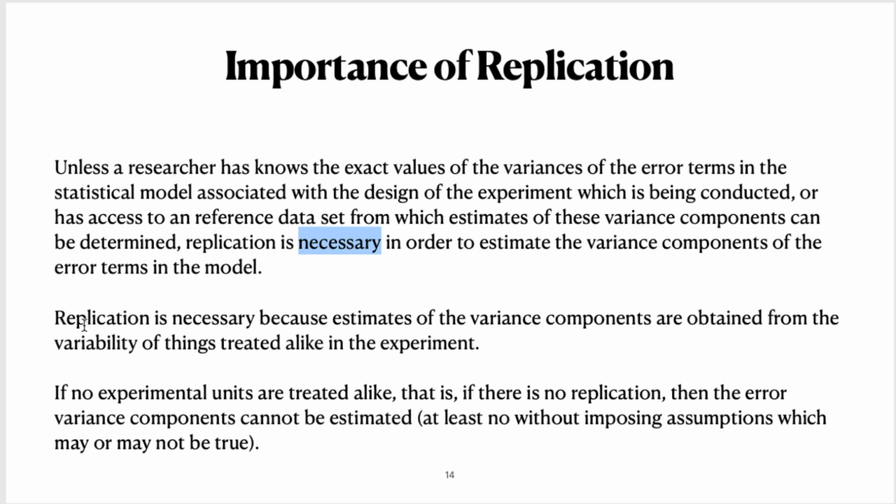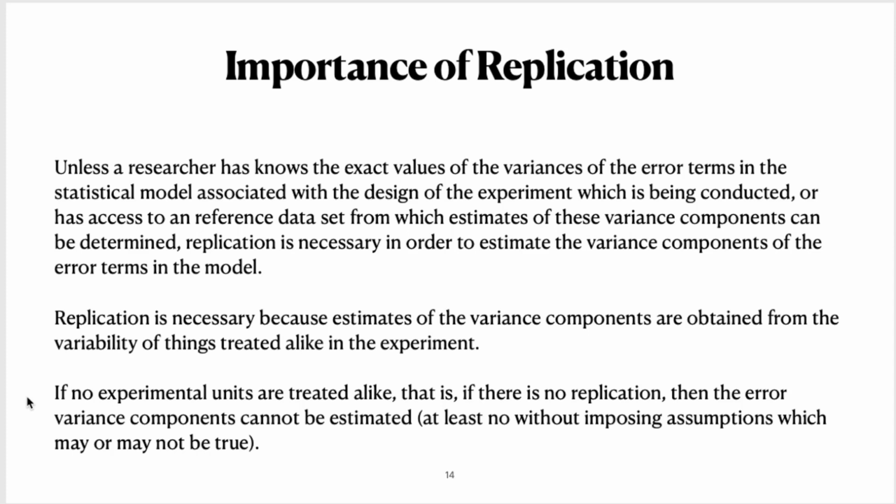Now, why is that? Replication is necessary because when we analyze the data, estimates of variance components are obtained from the variability of things that are treated alike in the experiment.